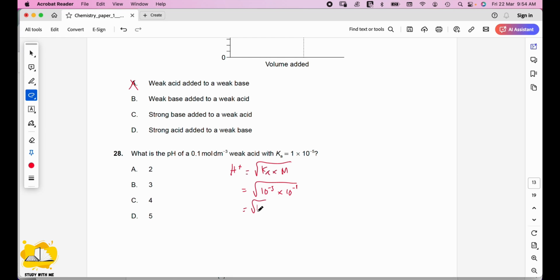So you get 10 to the power negative 6. You don't need a calculator for that. It's just divided by 2. So this will be negative 3. So pH will be negative log 10 to the power negative 3. That would be this number itself, which is 3. So the answer will be 3.